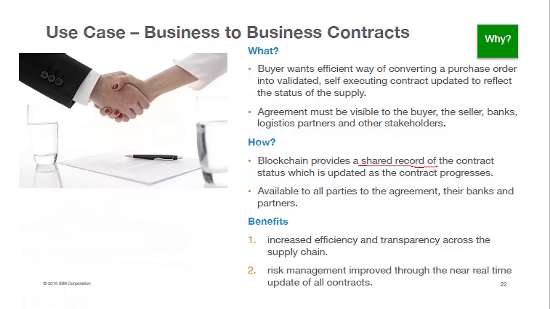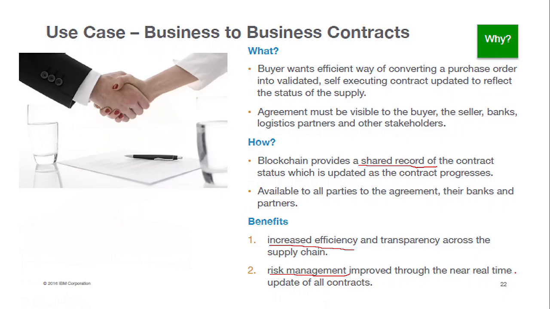So every participating individual can get a share, or rather a copy, of this particular record, the status, the progress, right? Available, increased efficiency that this technology is going to provide when businesses are creating contracts. It's going to also help management of risk, right?